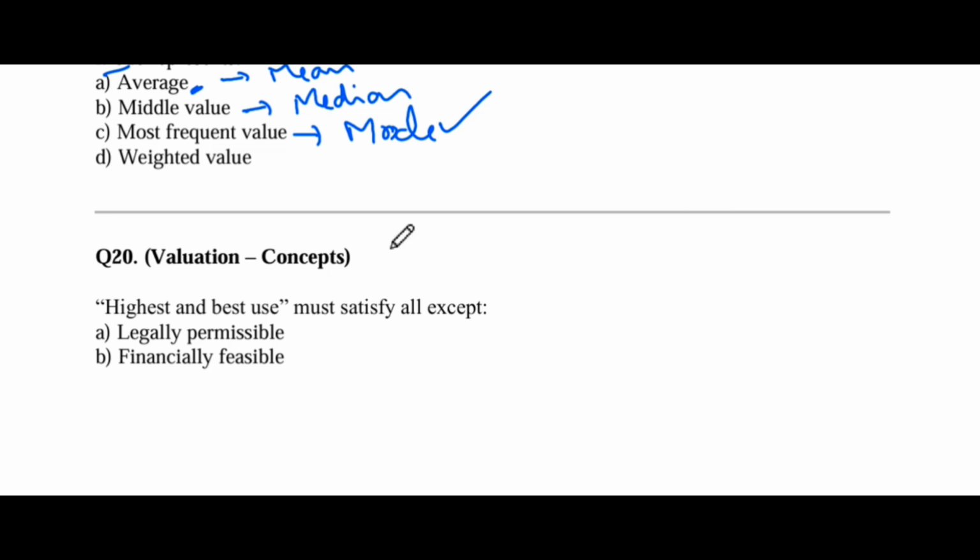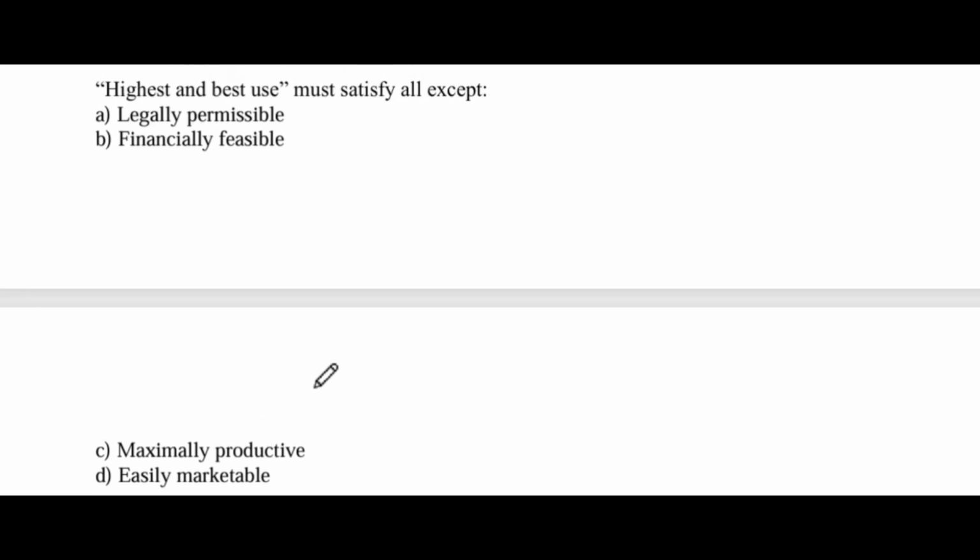Highest and best use must satisfy all concepts except: legally permissible, financially feasible, maximally productive, easily marketable.